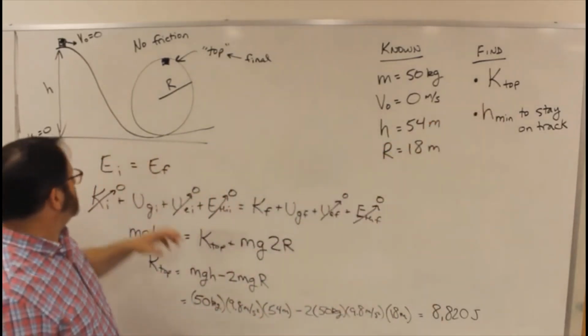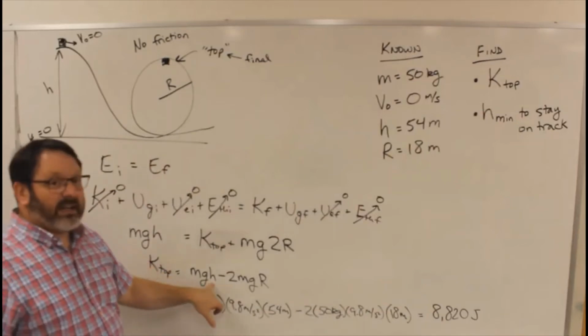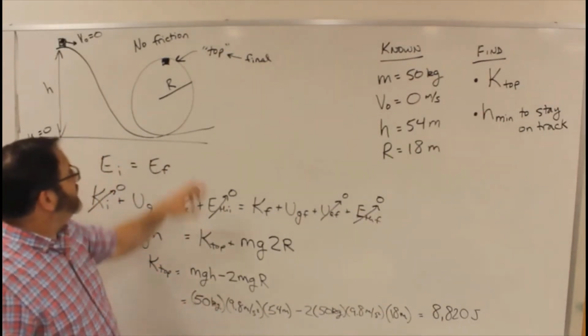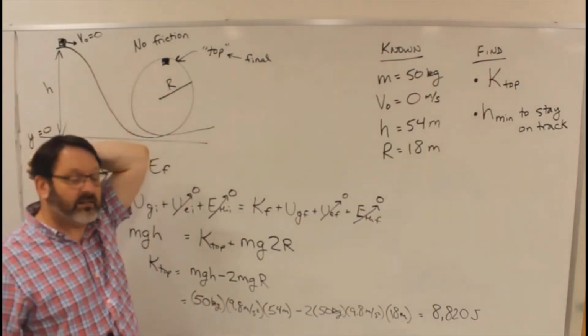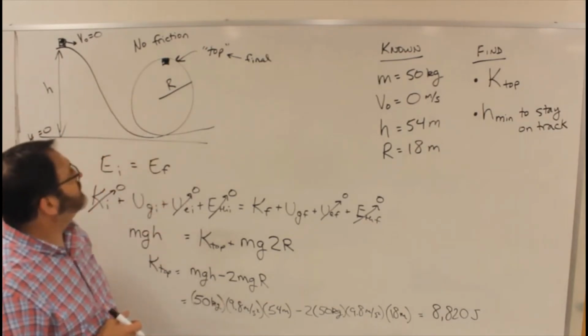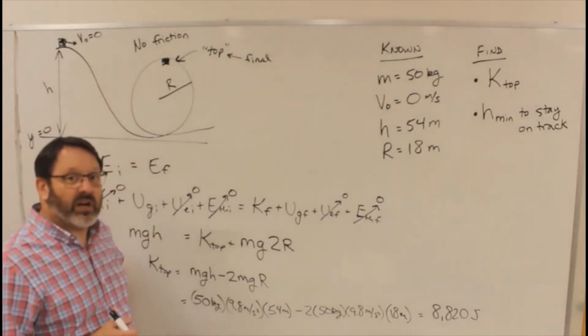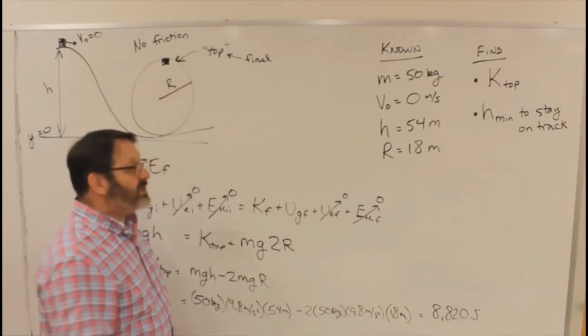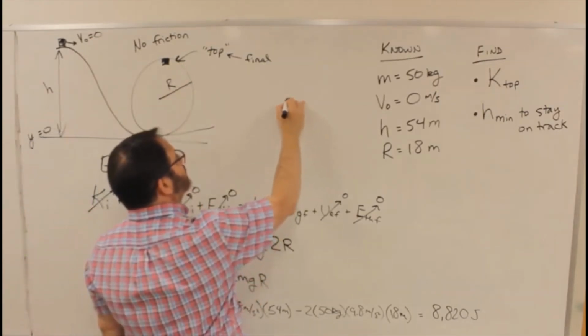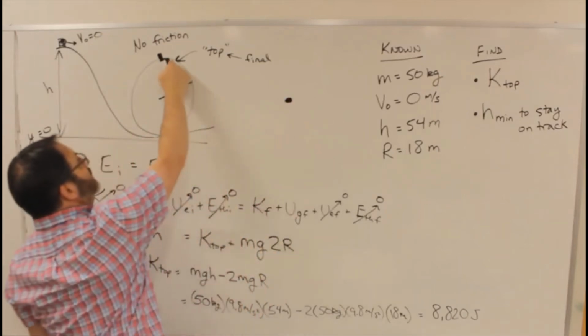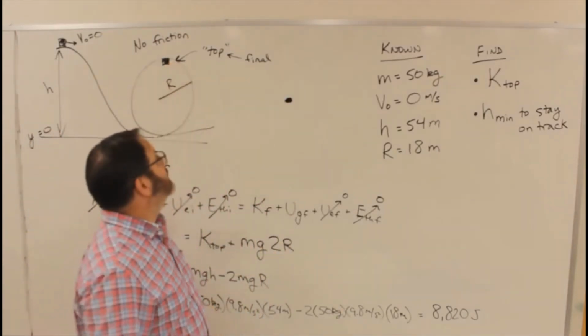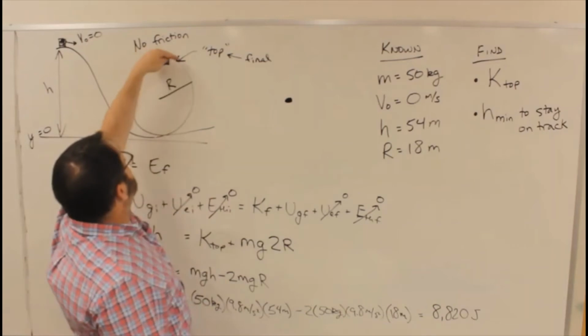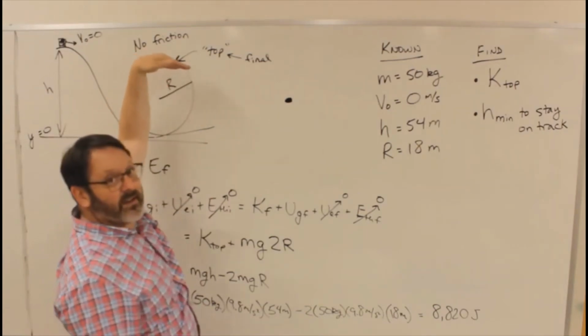The second question, what would the minimum height have to be so that it stays on the track? This question is more complicated. In order for it to stay on the track, now we should switch to forces. So if I draw the free body diagram of this cart sitting there, it is sitting on the underside of the track.